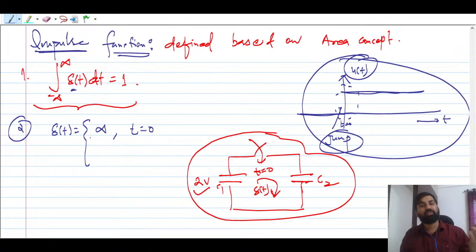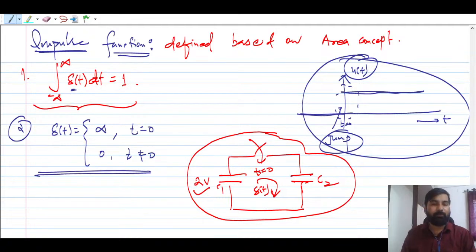Sometimes in some books, some local author books, you will find that people have written 1 here. I have seen this in many books, but that is wrong. At t equal to 0, the height is going to be infinite. I mean, the force is going to be very high. So at t equal to 0 you have infinite force, and at any other t, the function is going to be 0. So your impulse function is defined at t equal to 0 only.